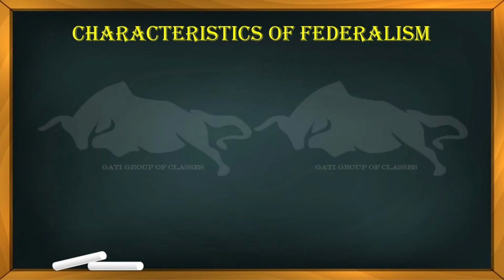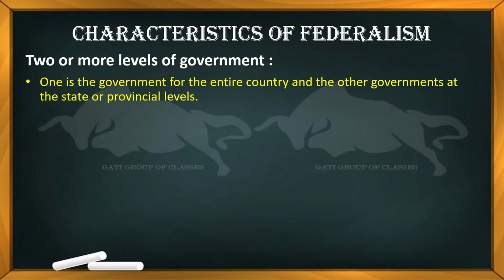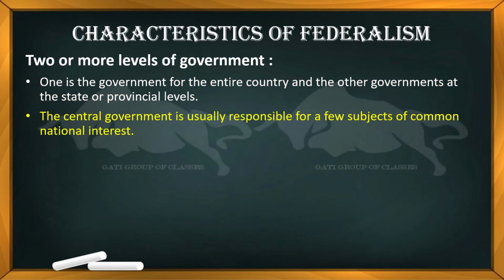First of all, let's see the characteristics of federalism. This is our first topic. The first most important point: two or more levels of government. When we are talking about federalism and the federal government, one is the government for the entire country and the other is the government at the provincial level, because at the Britishers' time they were known as provinces, and even now in Canada and Australia there are provinces. The central government is usually responsible for a few subjects of common national interest, which concern the whole country.